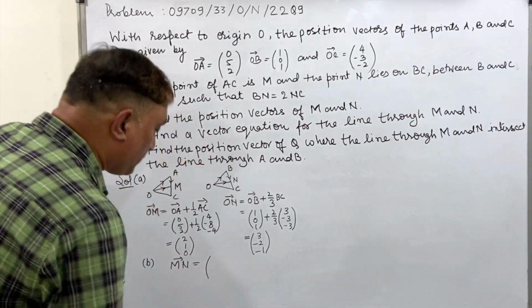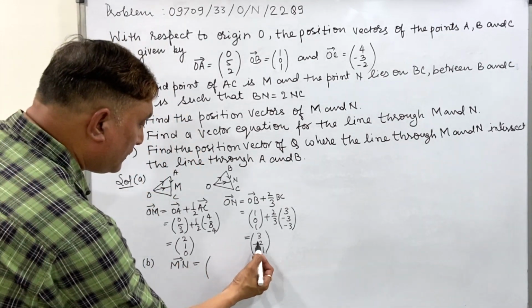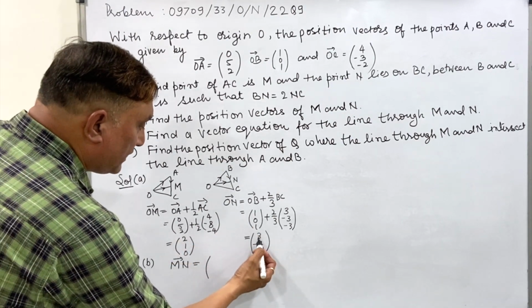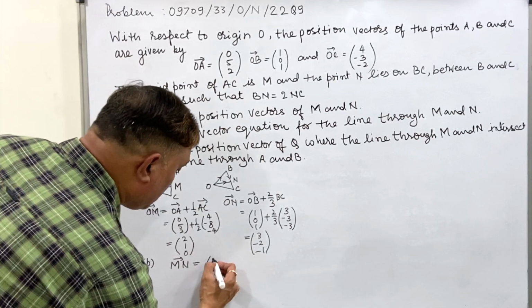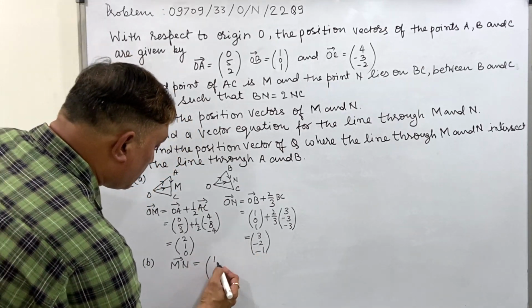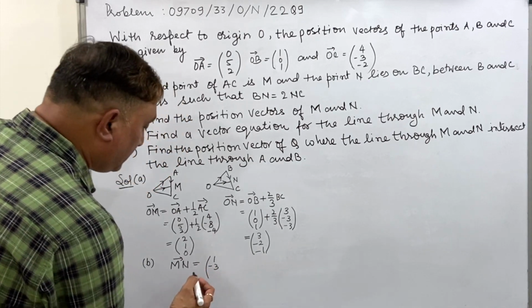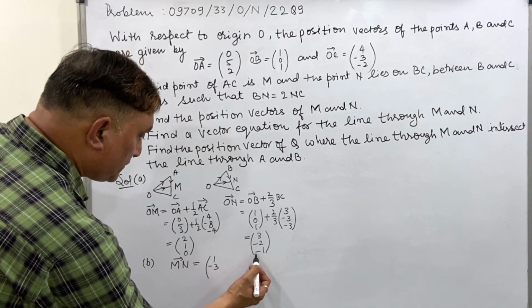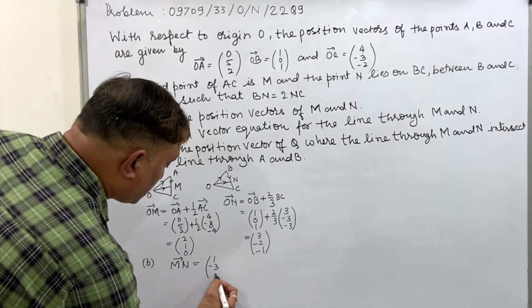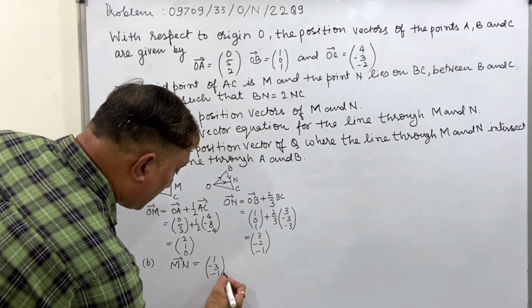Direction vector MN would be ON minus OM. So 3 minus 2 would be 1, -2 minus 1 would be -3, and -1 minus 0, so this is again -1 will come.